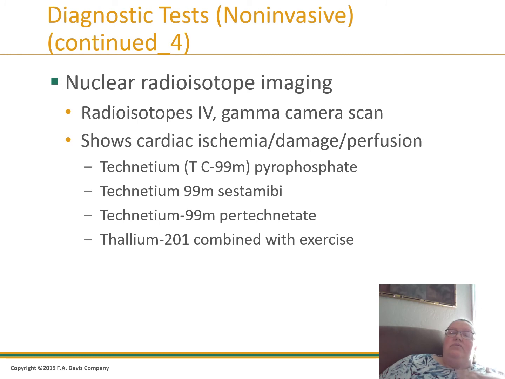For instance, if somebody had an MI and you wanted to see the extent of the damage that is necrotic, you would give an IV of the isotope, and it would go to the area. It's kind of tagged to go to those areas that are damaged in the heart, and you could see how big the necrotic tissue is.